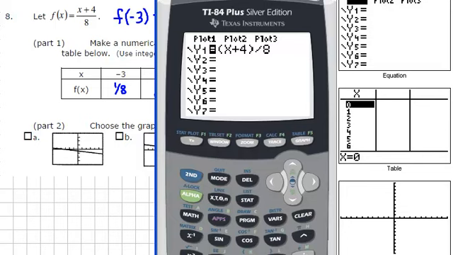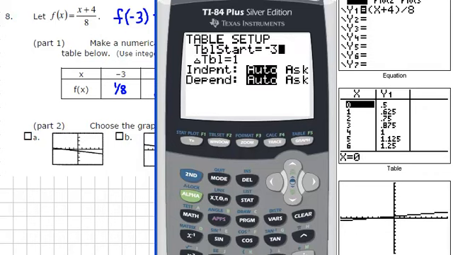And once you have the equation in the calculator, the next thing that you want to do is to create a table of values. So to create the table of values, you want to go to Table Set, which is second window. For the table start, you'll want to enter -3 because that's the first value of x in the table.